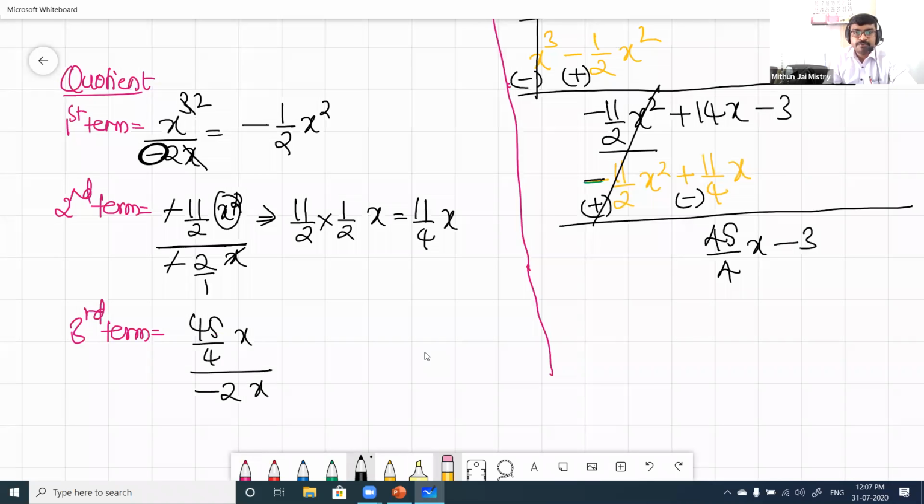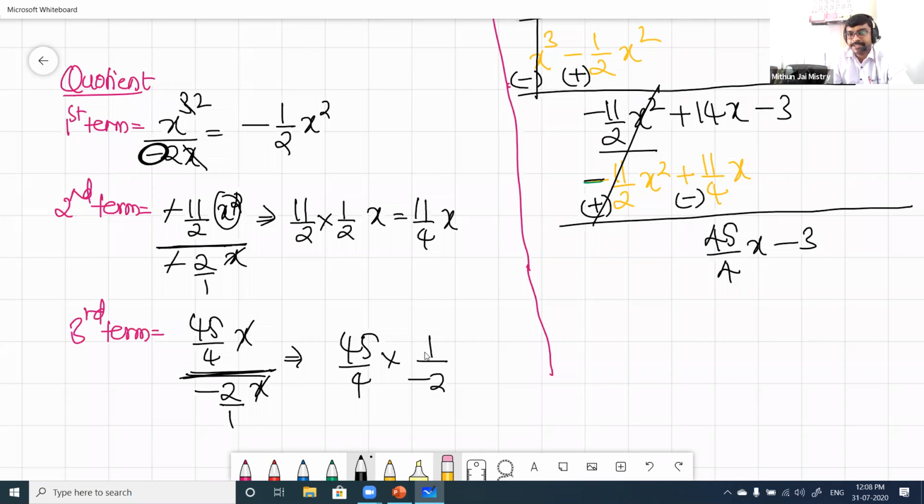So this is p by q form and this is only p form, so let us keep this also in p by q form. You keep by 1 free of cost. x and x will get cancelled. Now we are left with 45 by 4, and the division will become multiplication, and this minus 2 by 1 will become 1 by minus 2.